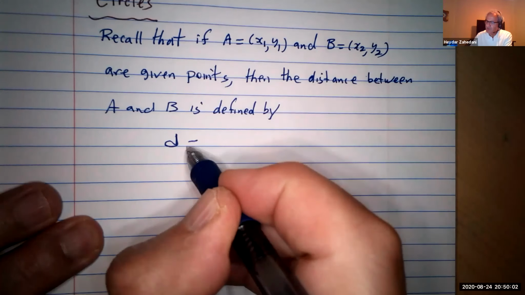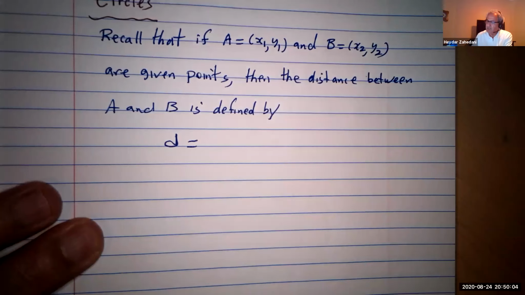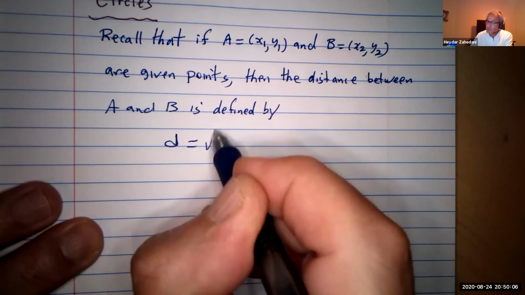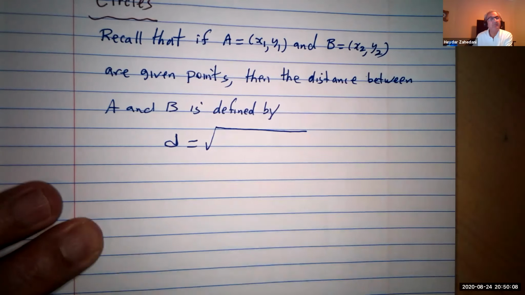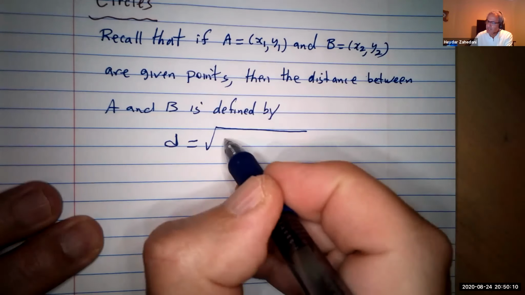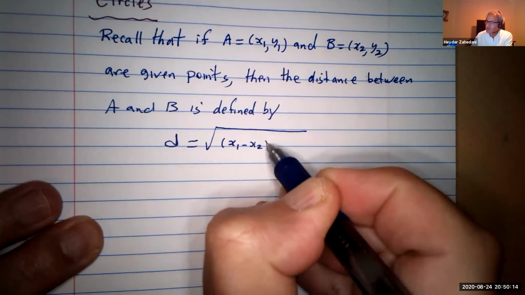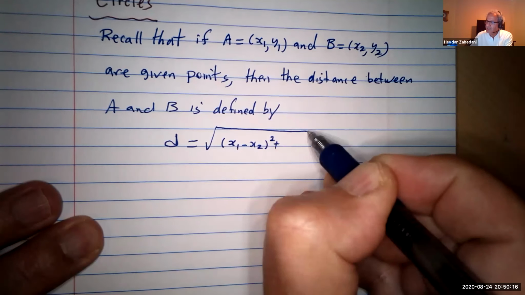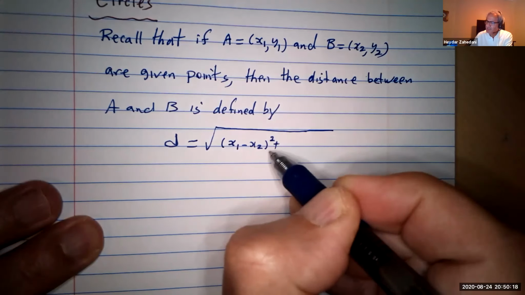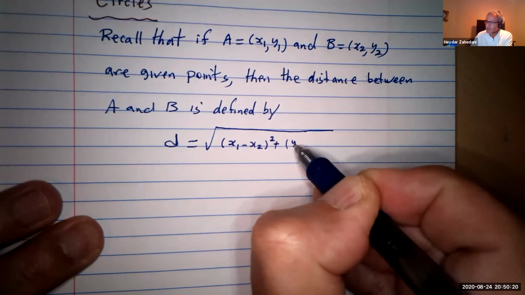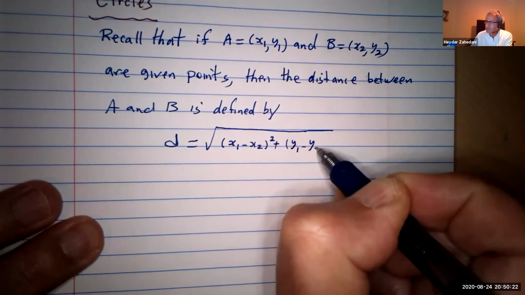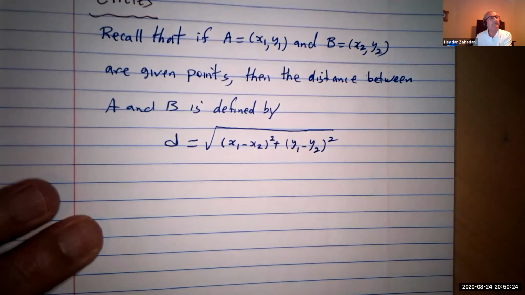Okay, the distance formula is a Pythagorean identity in a special case. It's going to be the square root of the difference between the x values, x1 minus x2 squared, plus y1 minus y2 squared.